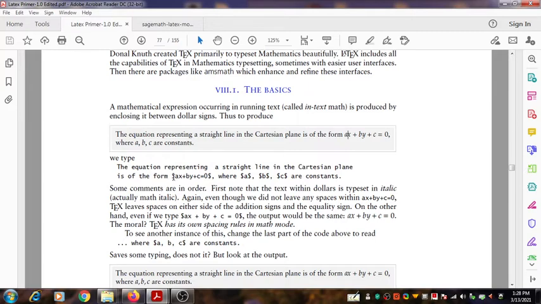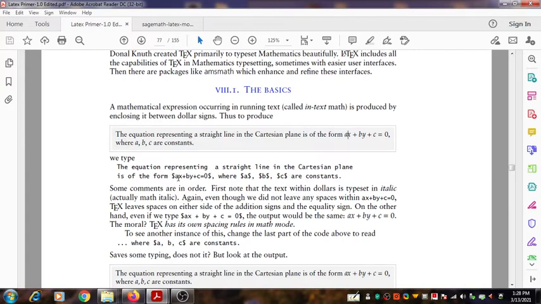After that single dollar, ax is typed, and plus by plus c, as usual, and then equal to 0. After that, that separate part is closed by using a dollar symbol.